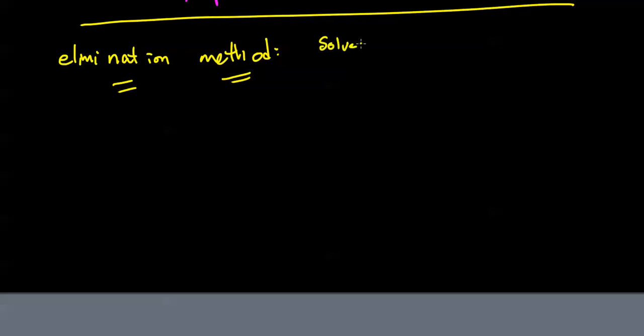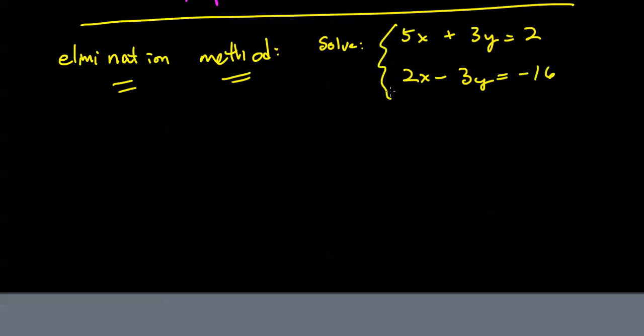I'm going to ask us to solve 5x plus 3y equals 2. That's a line equation. And also 2x minus 3y equals minus 16. I want to solve these two equations simultaneously, not with the substitution method, but with what we call the elimination method.